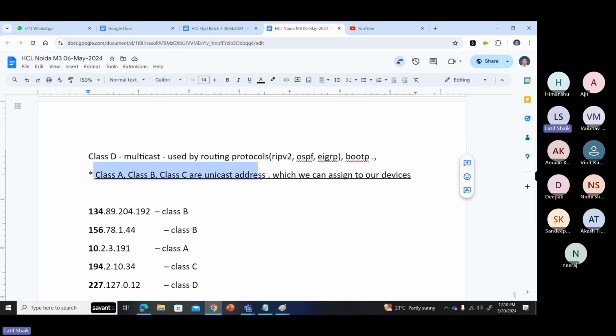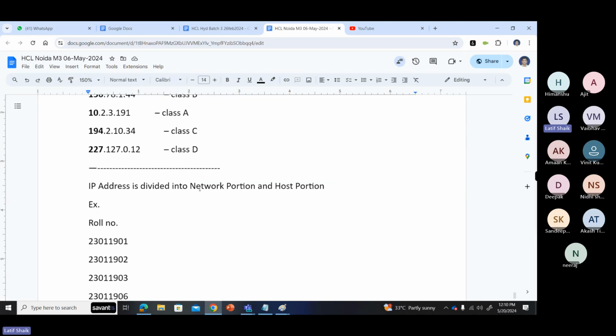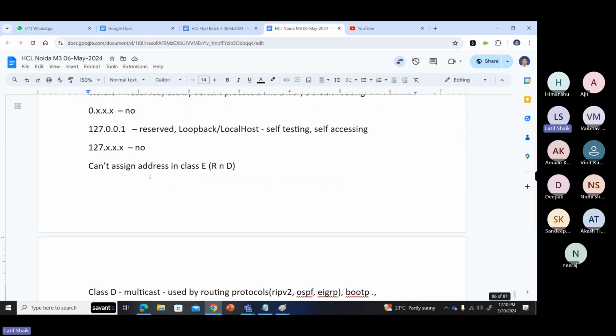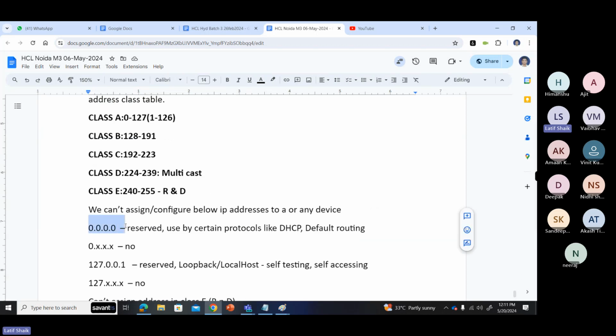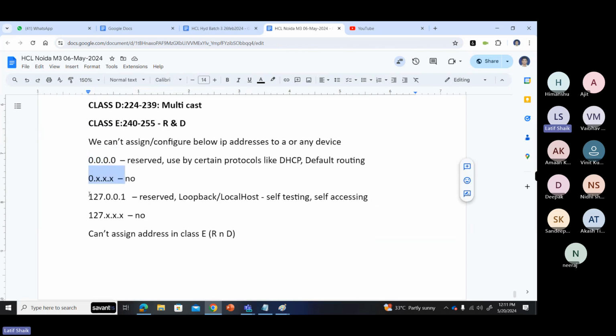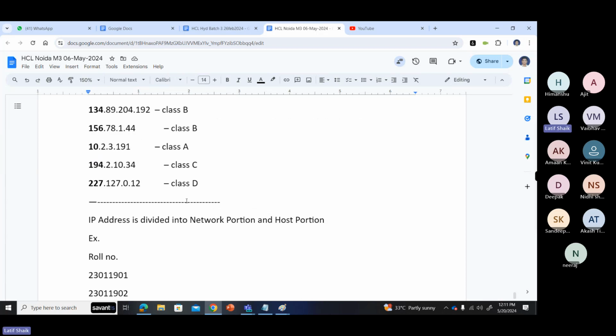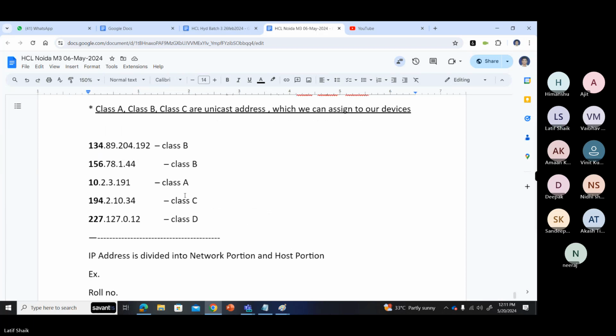Class A, class B, and class C are unicast, which we can assign to our devices, of course with some conditions. And the entire 0 series, starting with 0, we cannot use. The 127 series and 127.0.0.1 we cannot use, because it is a loopback or localhost address.